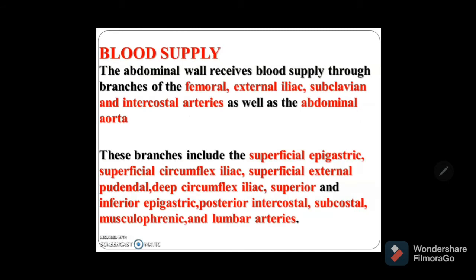Blood supply of the anterior abdominal wall is by different arteries like femoral, external iliac, subclavian artery, intercostal and abdominal aorta, by different branches like superficial epigastric, circumflex iliac, external pudendal, inferior epigastric, superior epigastric, musculophrenic and lumbar arteries.